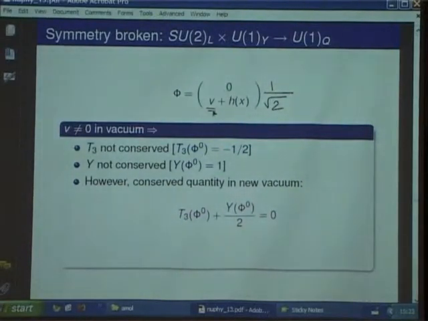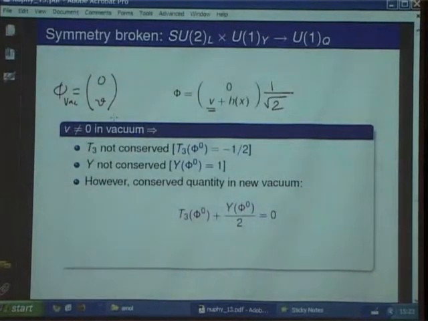So what is the T3 of this V? It's minus half. The phi vacuum, which I call phi 0, has T3 equal to minus half, because V is here, which means that in the vacuum I have a field which has T3 equal to minus half.